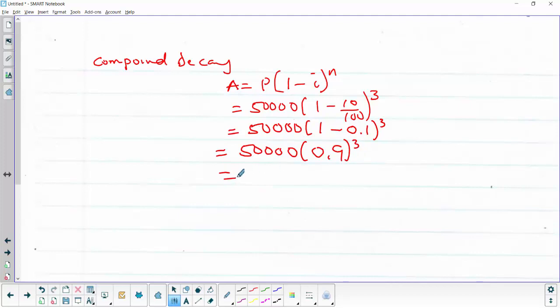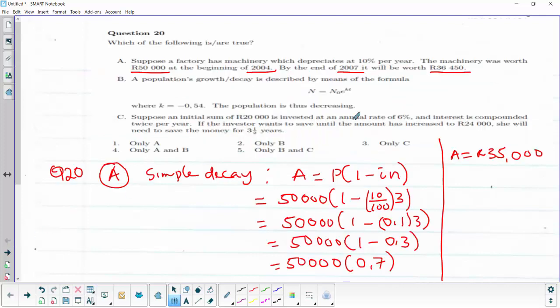When we use our calculator, we get 36,450 rand. So we can go back to the question and check, and it is equal to this one. So automatically we can conclude that this statement is correct.